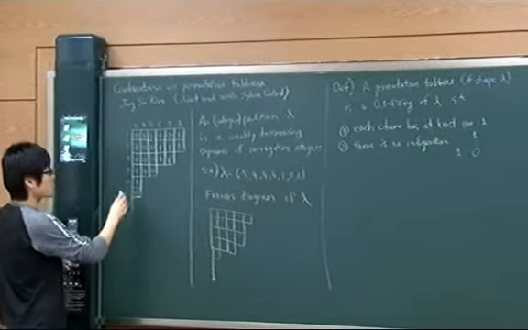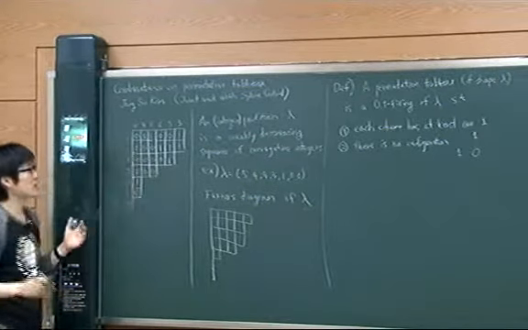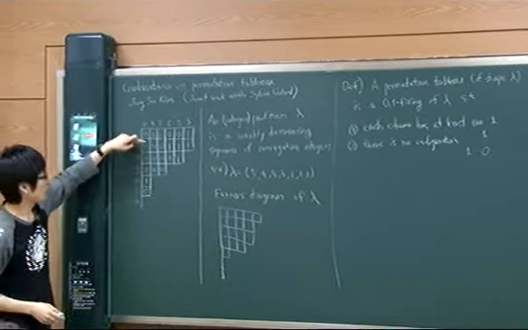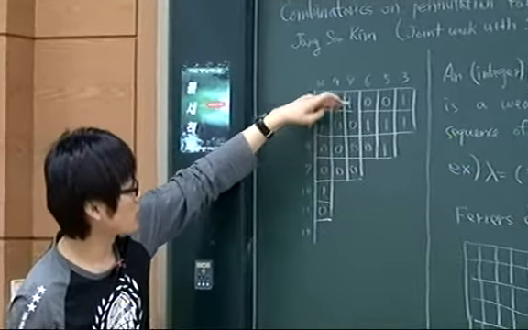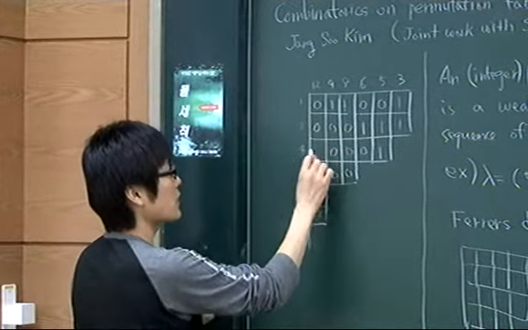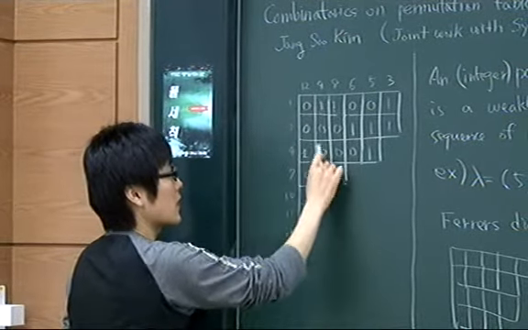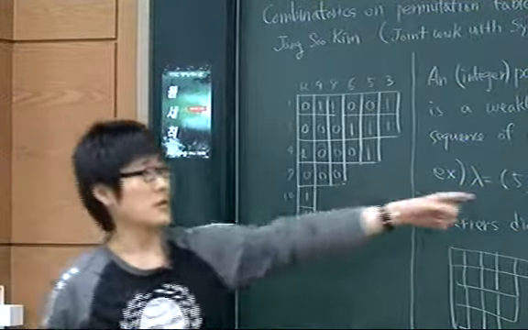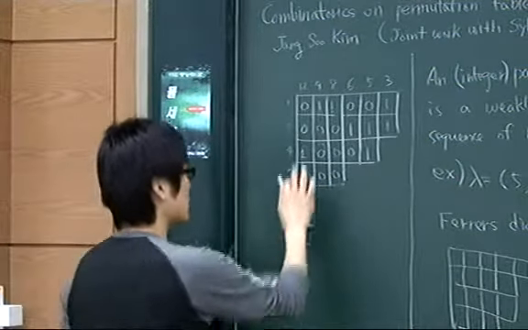If this were 1, then it's not a permutation tableau because we have this forbidden configuration. So if we have 1 here, then it's not, because these 3 cells make that forbidden configuration.